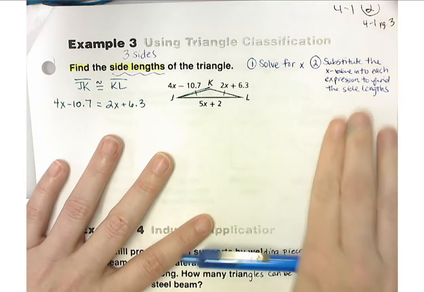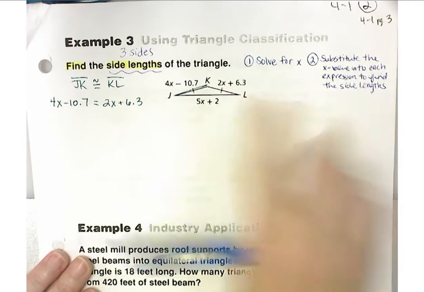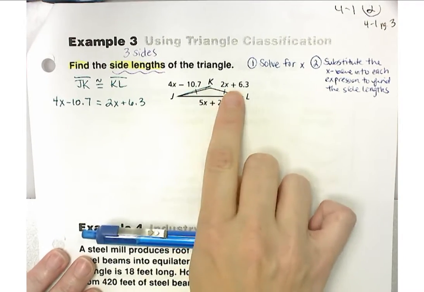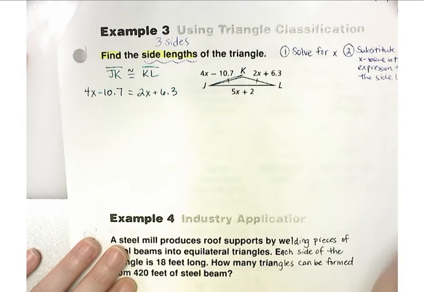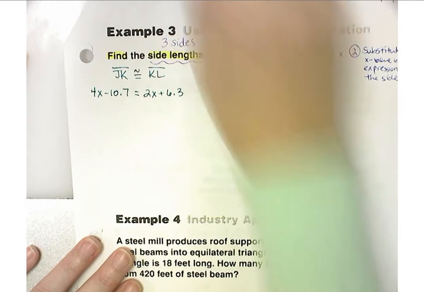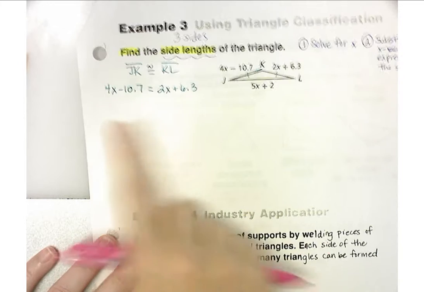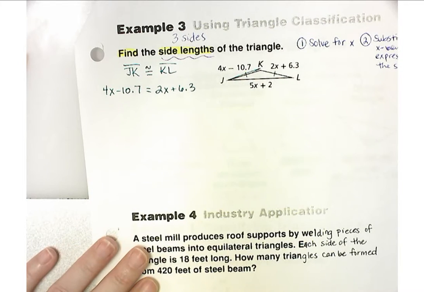And we'll talk about some shortcuts to that as well, and how to check. So you'll have to find all 3 sides, so you want to substitute your x's in there. All right, now we're going to do this without a calculator because you don't need it. The first thing, Clara, you're going to do is what?